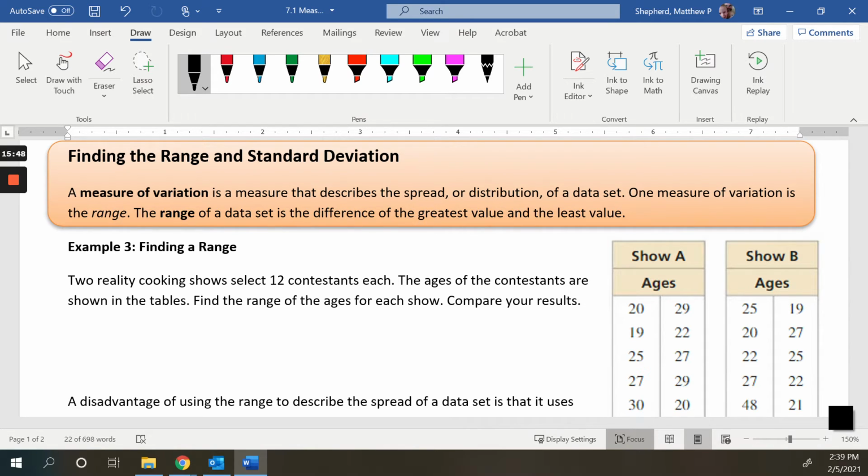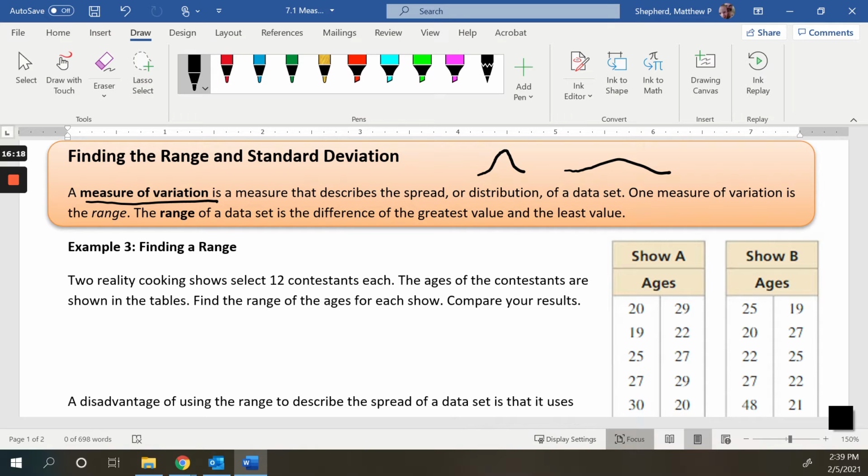So now let's talk about measures of variation. Rather than trying to find the center, we're talking about how spread out the data is. Is all the data clumped together into a small area, or is it very spread out? We've got two measurements that we are going to be using right now to measure variation.